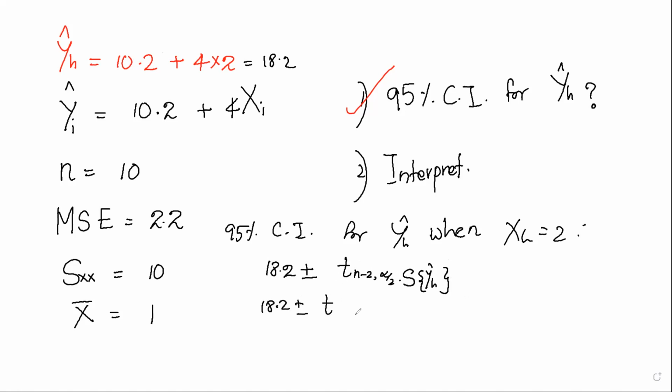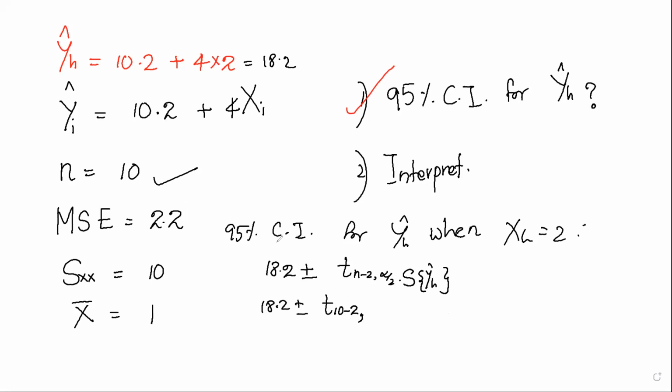Here actually I'll do the notation for those who find it difficult. So n is 10. 10 minus 2 will give you 8. Just because this is 95%, what is your alpha? Alpha is 0.05. So if the confidence level is 95%, the significance level is what? 100 minus confidence level.